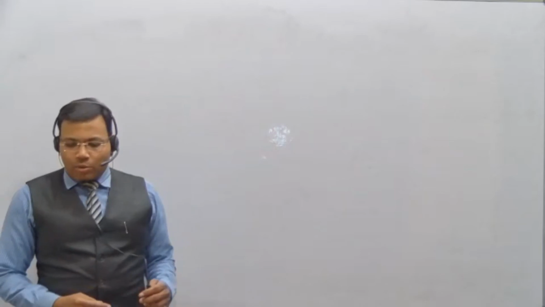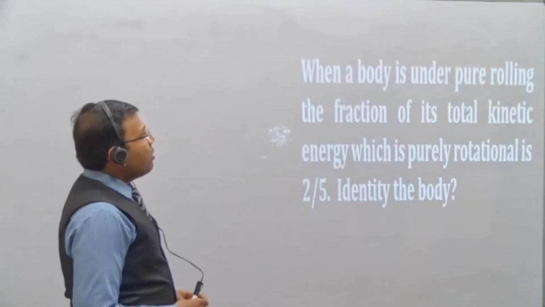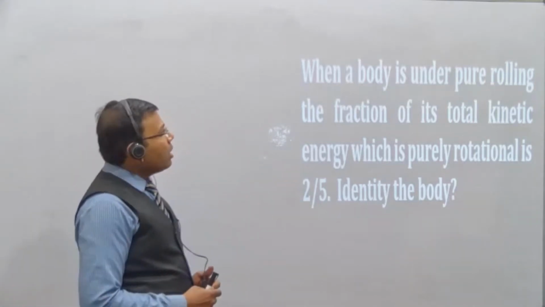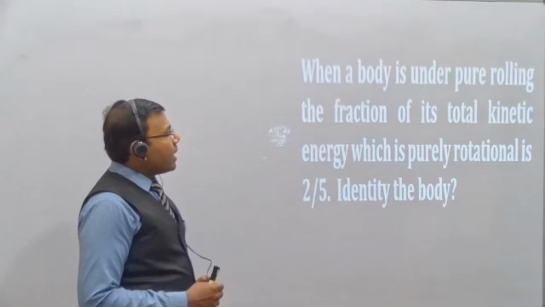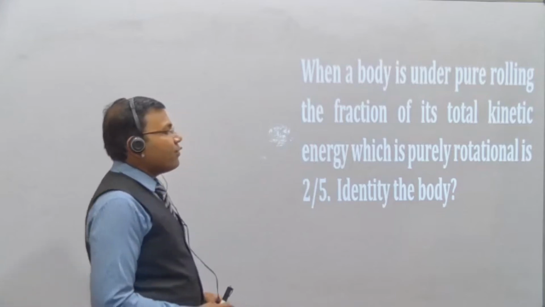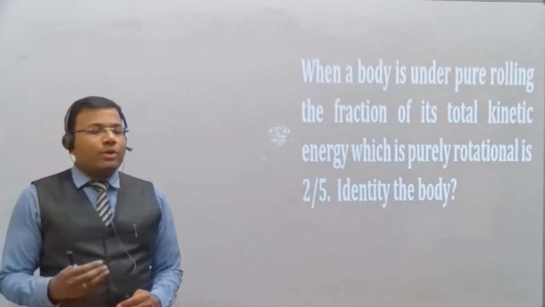Students, we move to the next problem. You can see it on the board. When a body is under pure rolling, the fraction of its total kinetic energy which is purely rotational is 2 by 5. Identify the body. It's a very important question, a very important model.